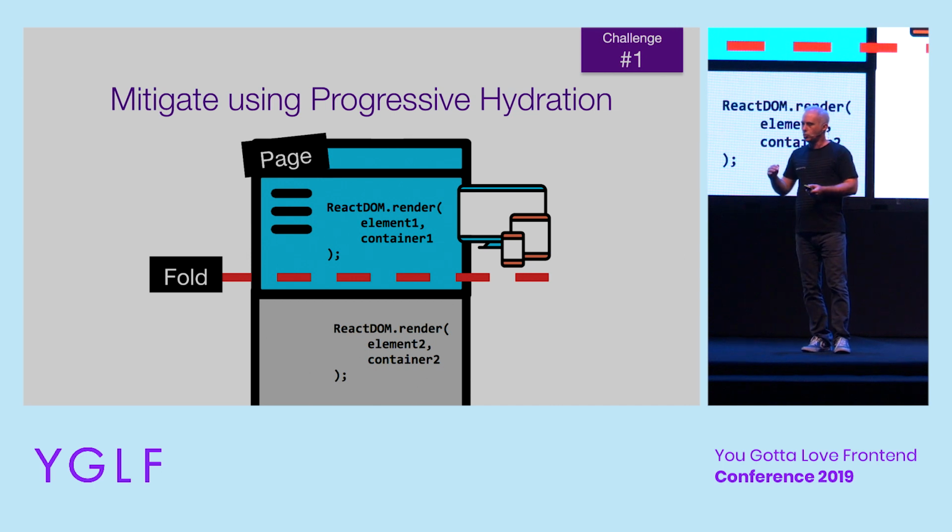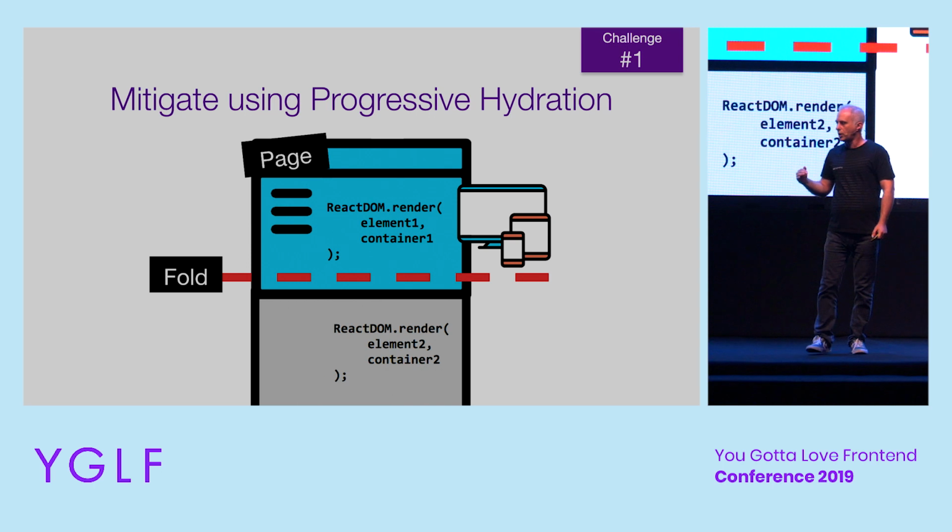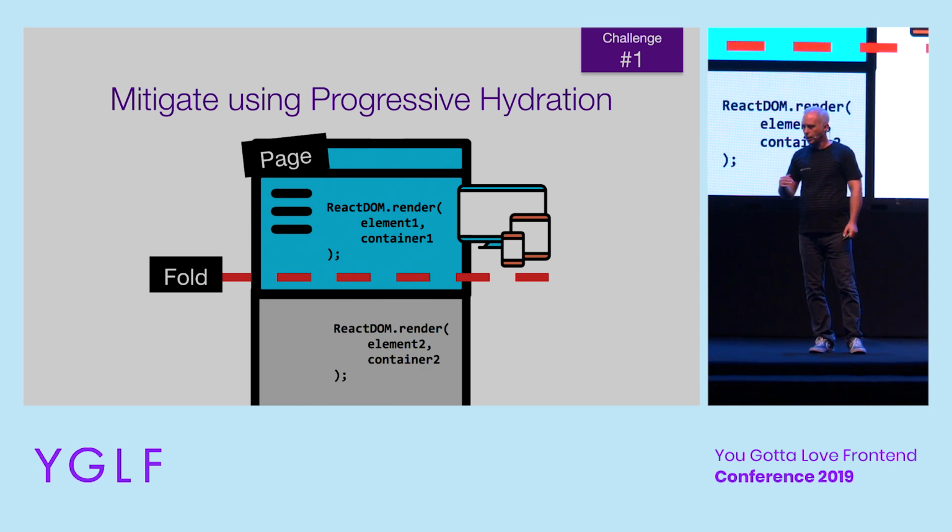So, for example, you could split your page so that the part that's above the fold, maybe going a little bit below the fold, is rendered with one route, and the rest is rendered with another. And then you can do this sort of hydration in parts. You first hydrate the upper part, and then you hydrate the rest. And with React now, hydration can also be interruptible.